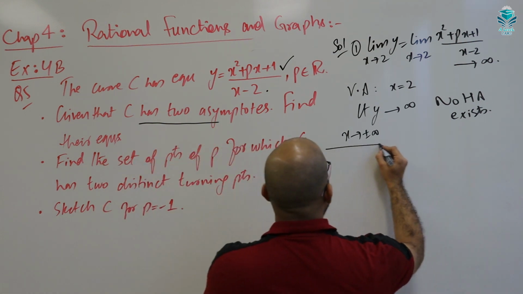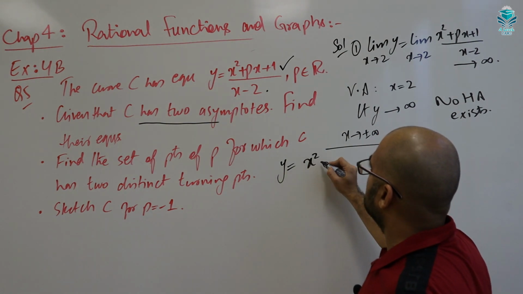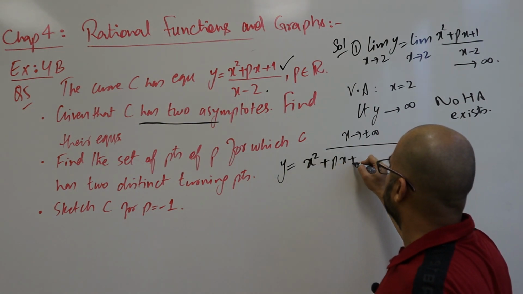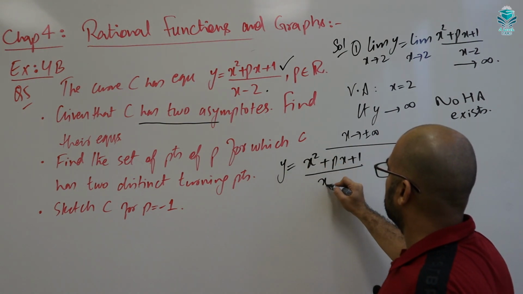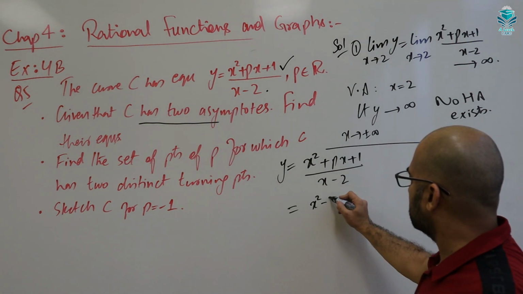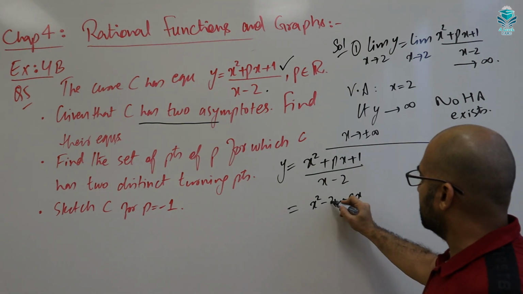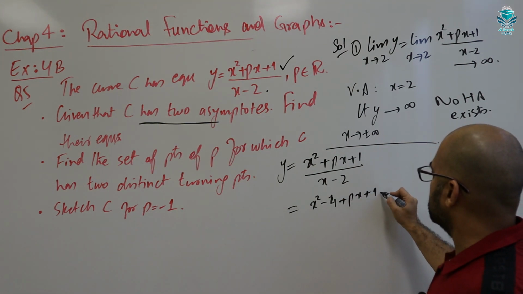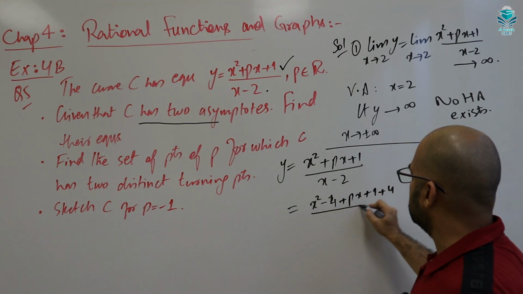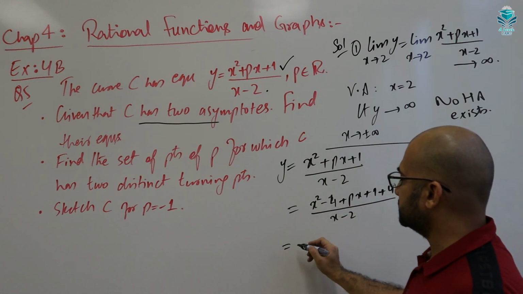For the oblique asymptote, you can rewrite the function as (x² + px + 1) over (x − 2). If we write x² − 4 + px + 1 + 4, I have added and subtracted 4. What is the purpose of it?